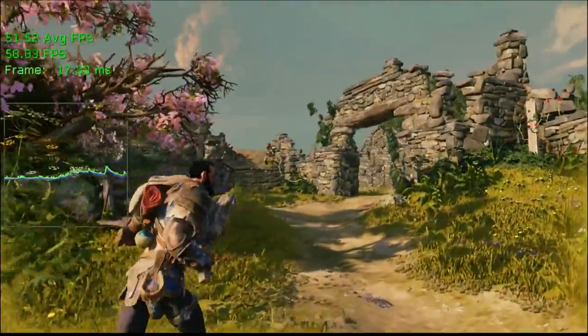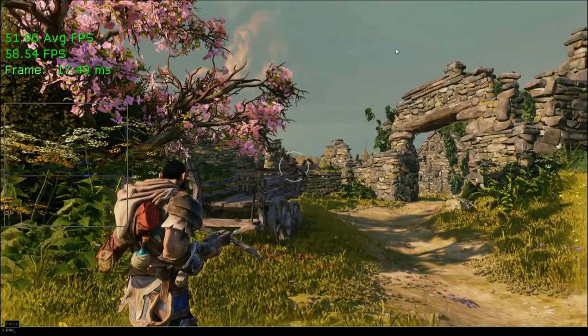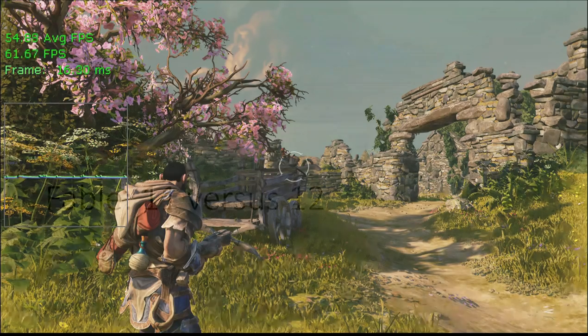I think we're getting a little cropping on the left. So we've seen an increase of about 10 FPS, 20%. As you saw, Ben was playing, and that was live.